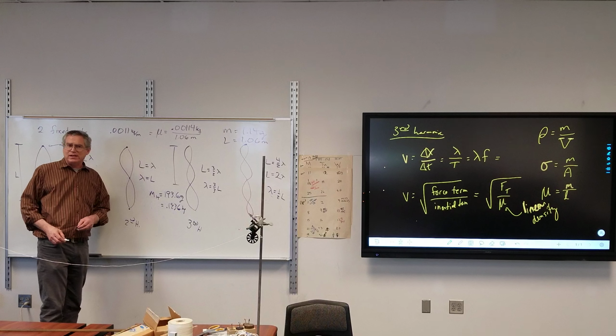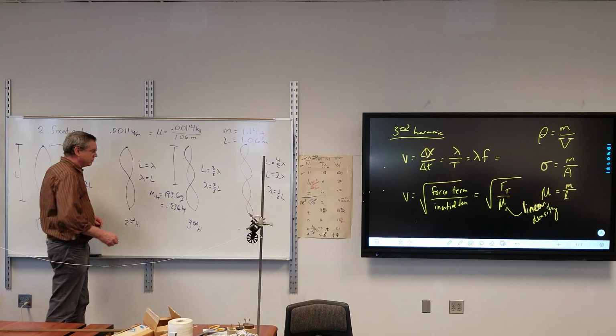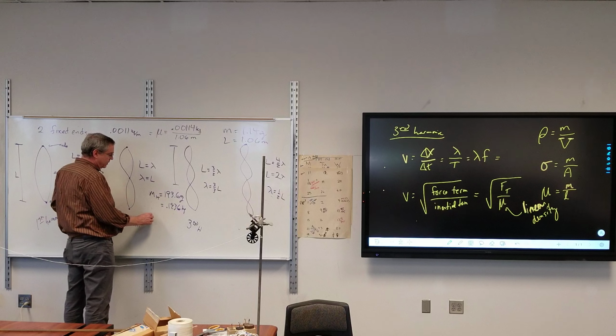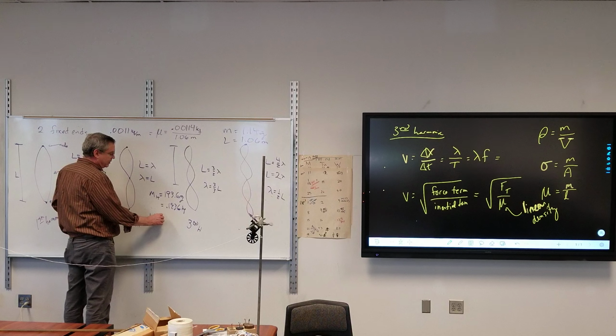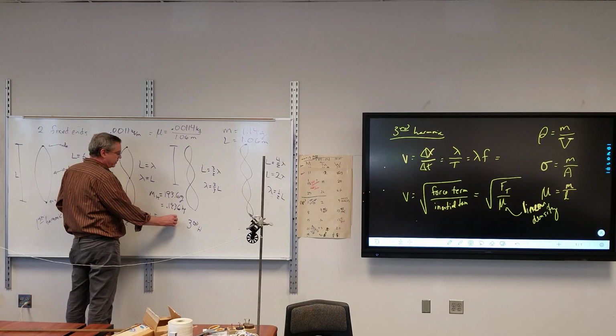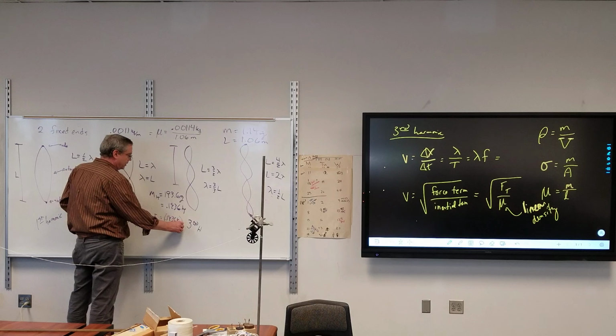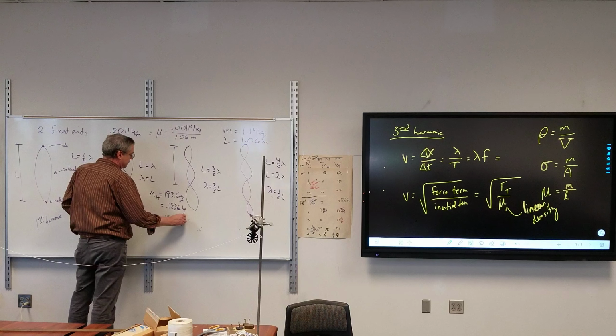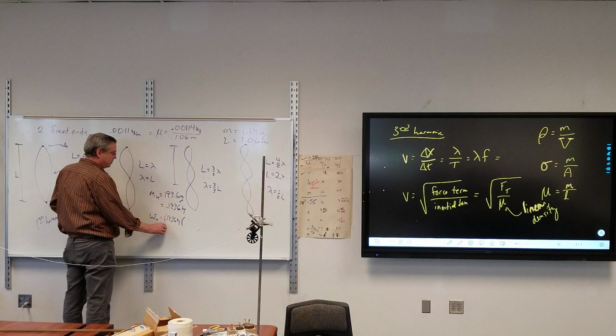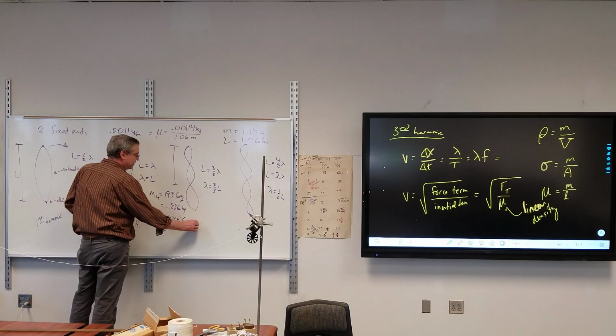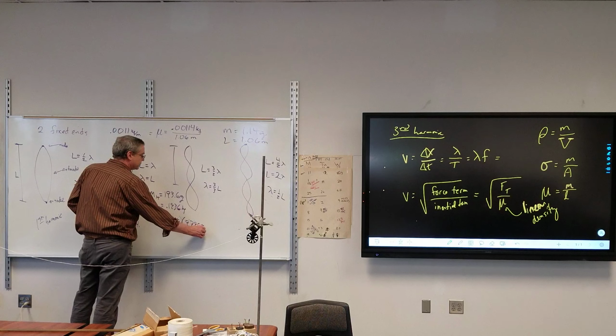I need to find the tension. This is not accelerating, so it should be equal to the weight. So the weight that's hanging, 0.1936 kilograms, times acceleration due to gravity, mg, 9.798 meters per second squared.